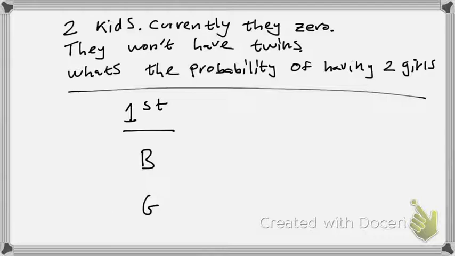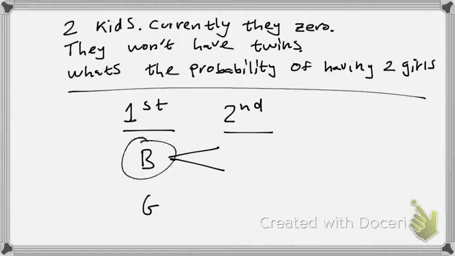Then we list the second stage, because in this problem there are 2 stages, since they're having 2 kids. Then we draw branches from the first stage. This is why it's called a tree diagram. What if they have a boy first?